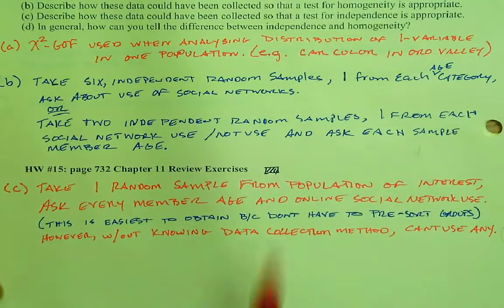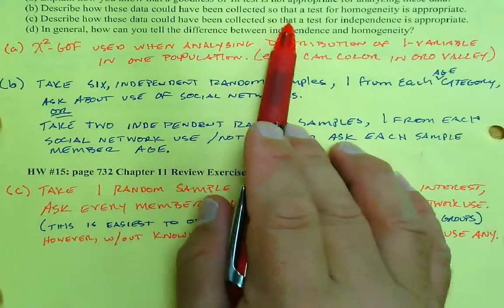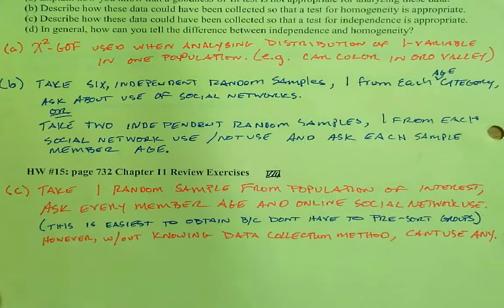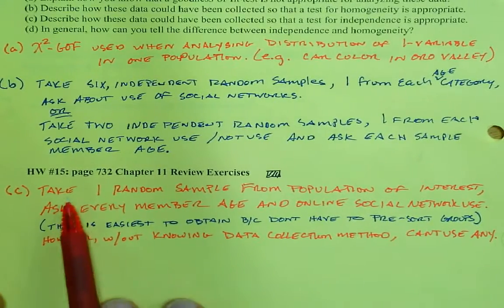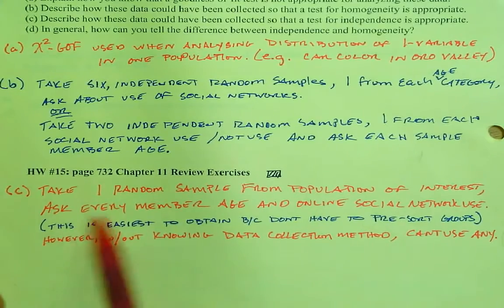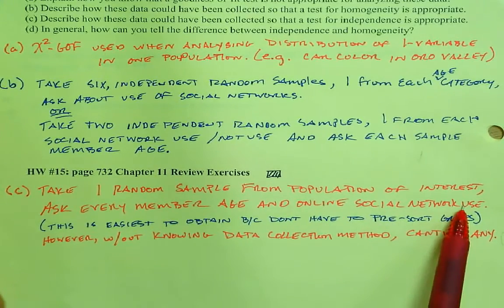Okay, so for C, describe how the data could have been collected for a test for independence. Well, we could take 1 random sample from the population of interest, ask every member their age and their online social network use.